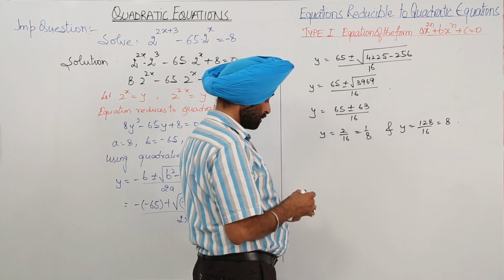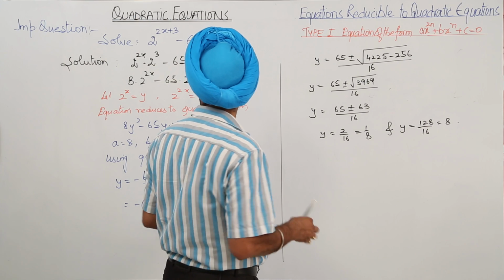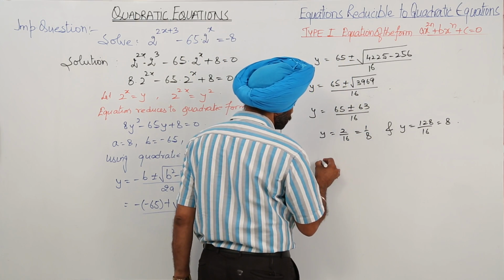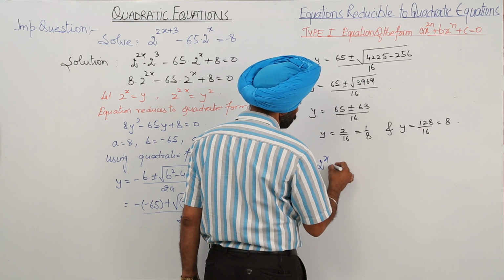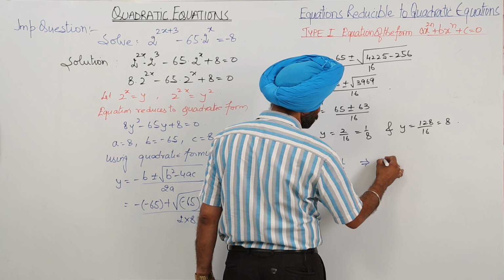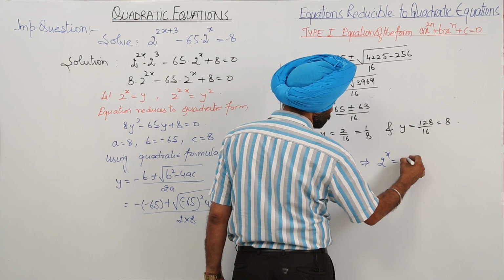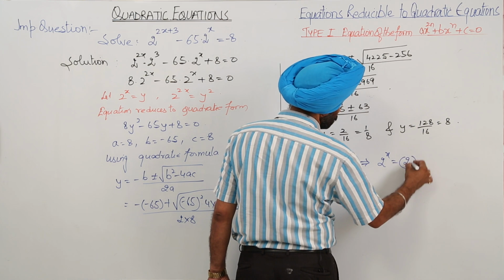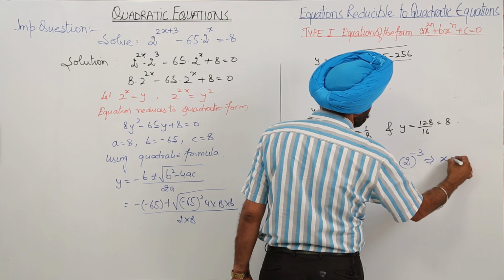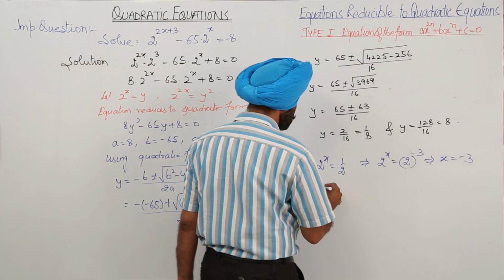Now, we have supposed 2 raised to power x is y. So 2 raised to power x is 1 upon 8, which gives x is minus 3.